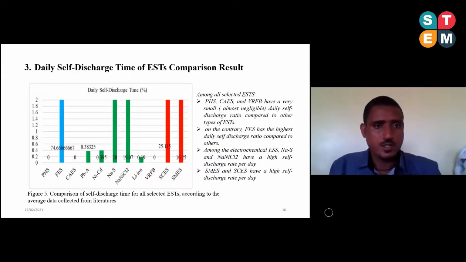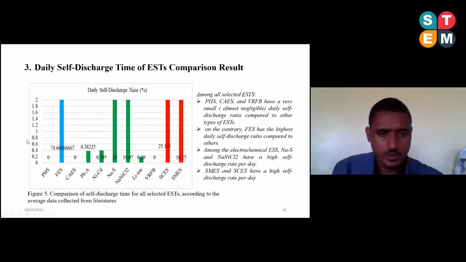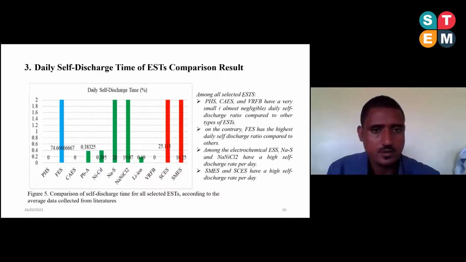The third one is the daily self-discharge comparison of energy storage. As you see from the graph, among the other energy storage types, flywheel energy storage has a high self-discharge, almost around 75%. Pumped hydro storage, compressed air, and flow batteries have almost negligible daily self-discharge.